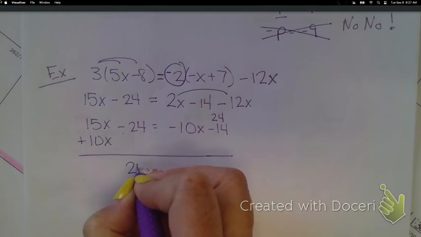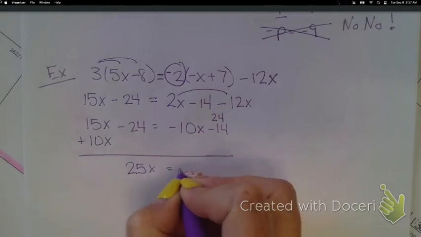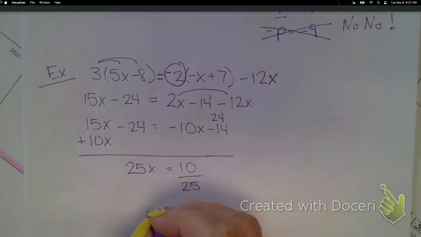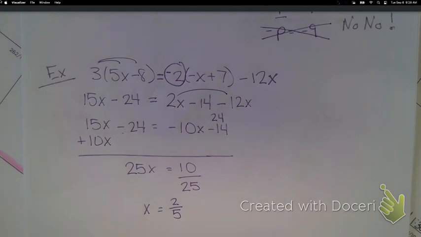25x and 10. And then divide by 25. So x equals 2/5. Okay, you will not get all whole numbers. I do not want mixed numbers.